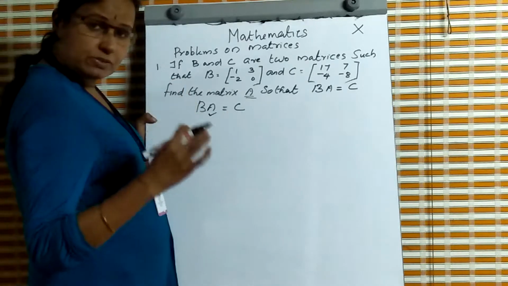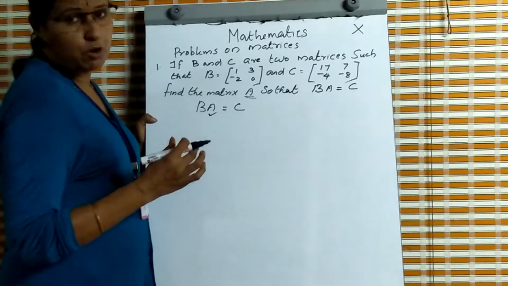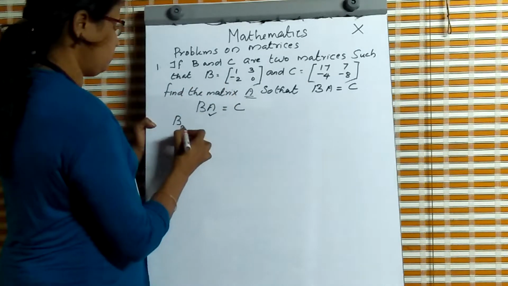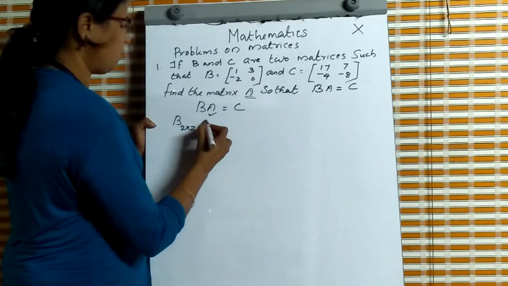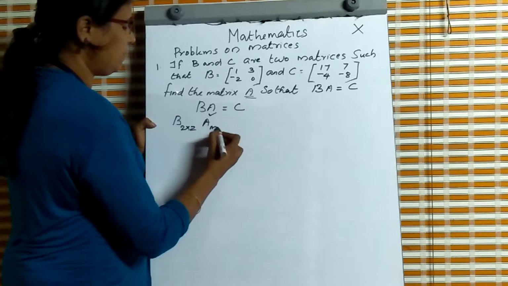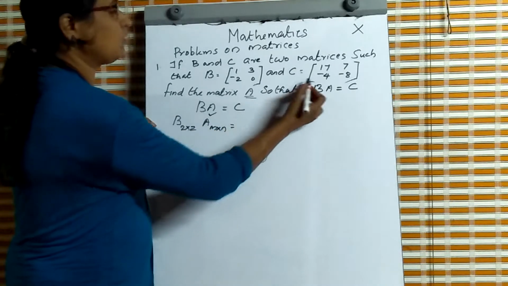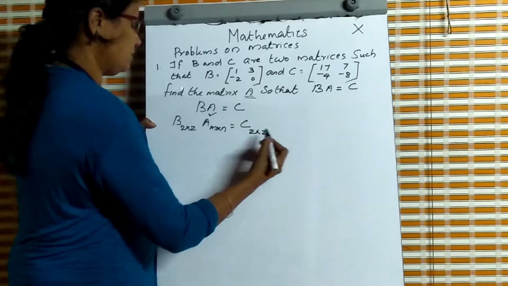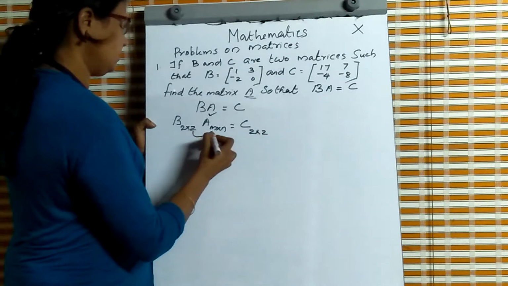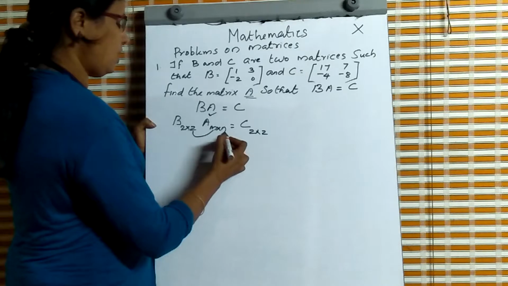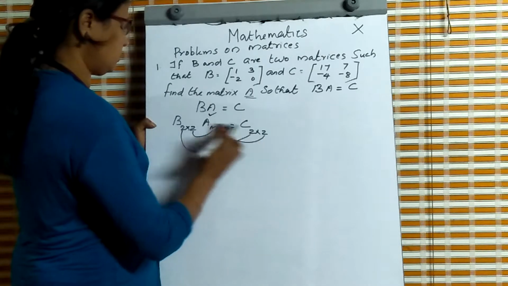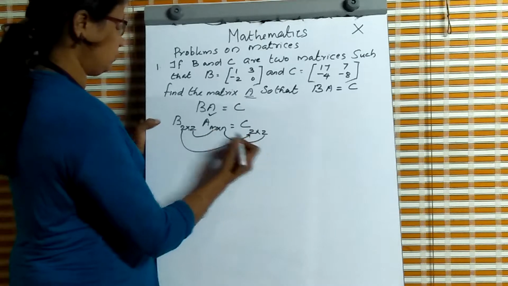For that, first we have to determine the order of the matrix A. Listen, what is the order of B? 2 by 2. Assume the order of A is m by n. What is the order of C? C is 2 by 2. Now, look here. These two are equal and these two are equal, then these two are also equal to 2.